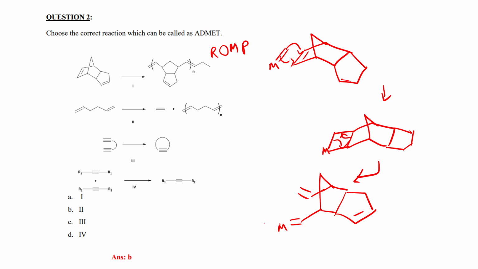Now this portion can actually do the polymerization. If you have a cyclic small olefin like this kind of unit, it can react with this tip center.